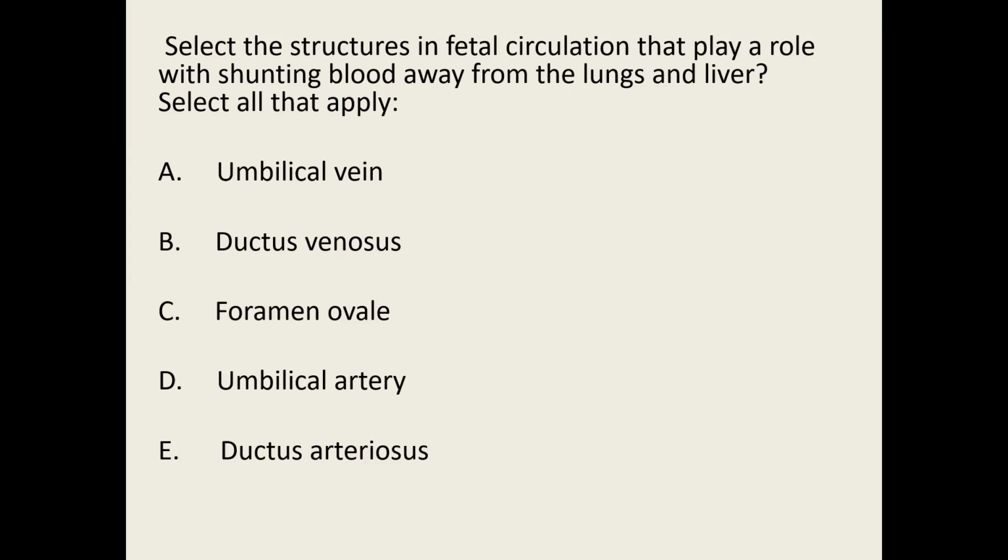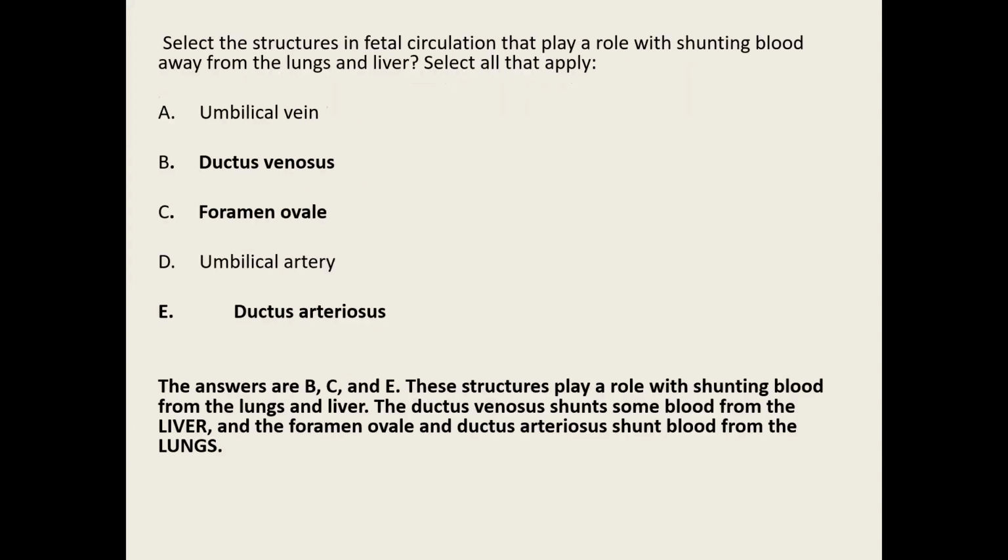No, we just said the ones that shunt it from the lungs. Right, well, the ductus venosus away from the liver. B, C, and A. Okay, so ductus venosus from the liver, foramen ovale, and arteriosus from the lungs.